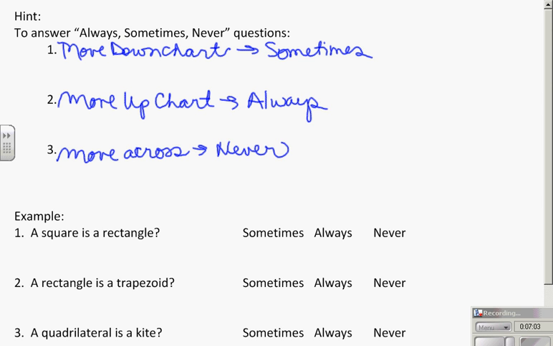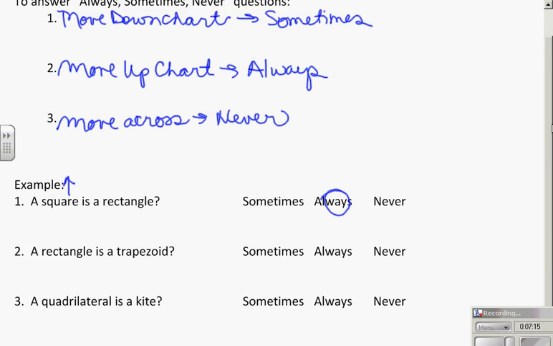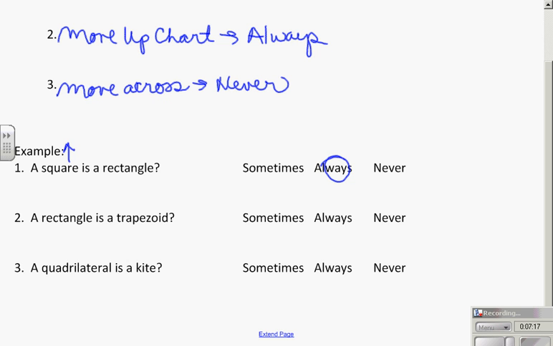So a square is a rectangle. And if you look at your hierarchy, square to rectangle, I'm moving from the bottom up, and that makes this an always. Every square you meet is a rectangle. Square is more specific. Is a rectangle a trapezoid? These guys are not connected, and if you look, it's asking me to move across the diagram. That is never.